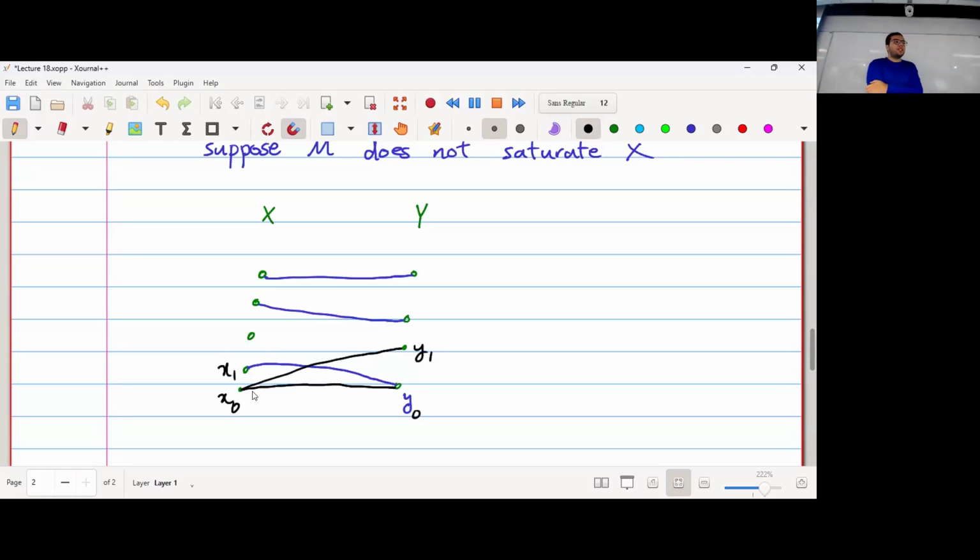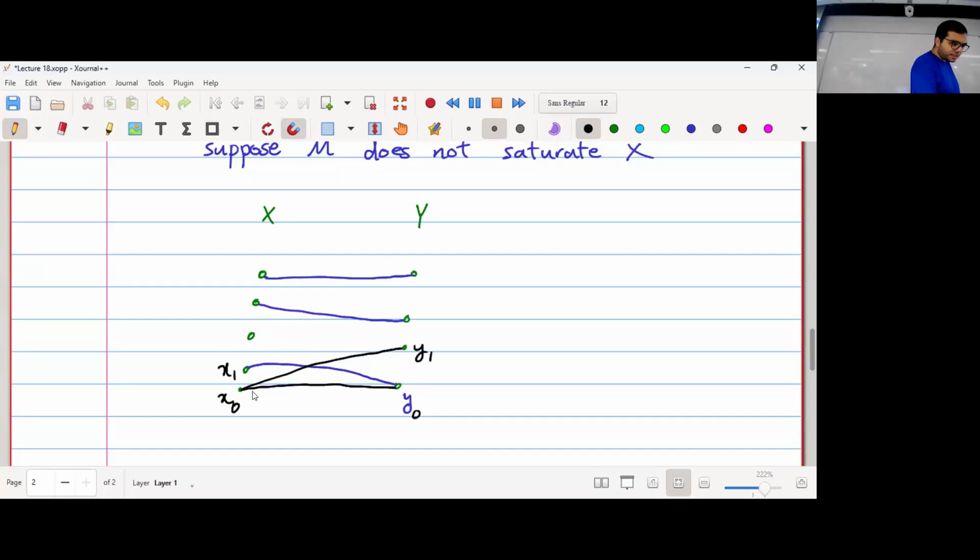Now I can continue the same thing. Let's look at y1. If y1 is not matched to anything, I found an augmenting path. If y1 is matched to something, let's call that x2. And then let's look at x0, x1, and x2. Say I have 3 vertices here, and then I should have 3 neighbors on the other side, and so on.